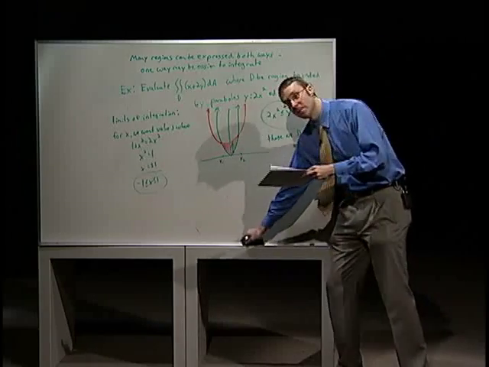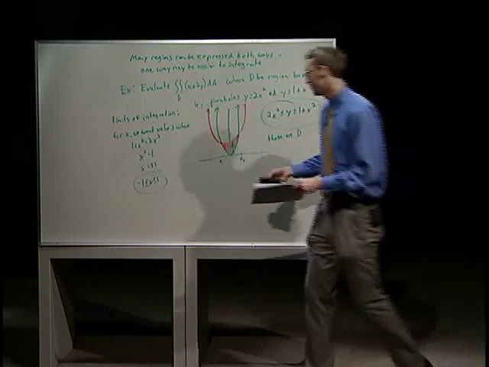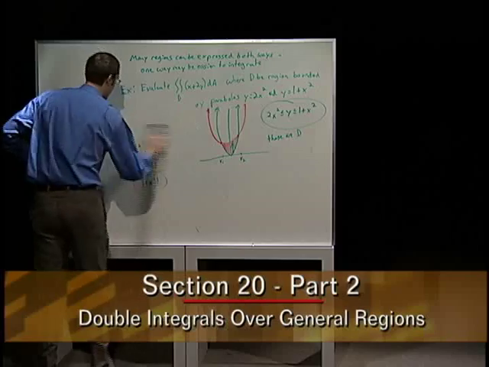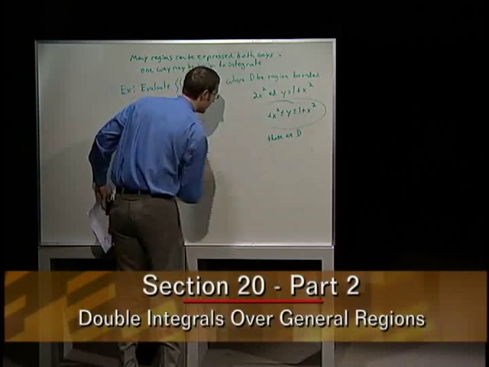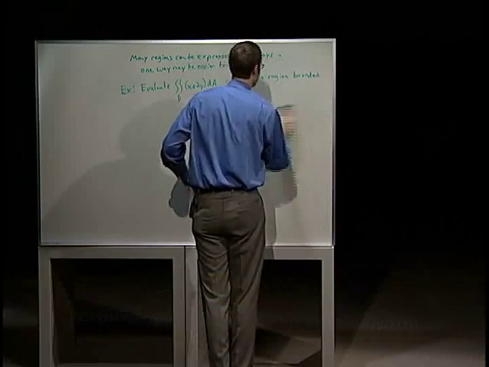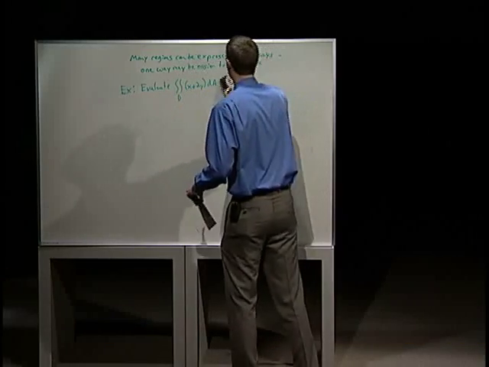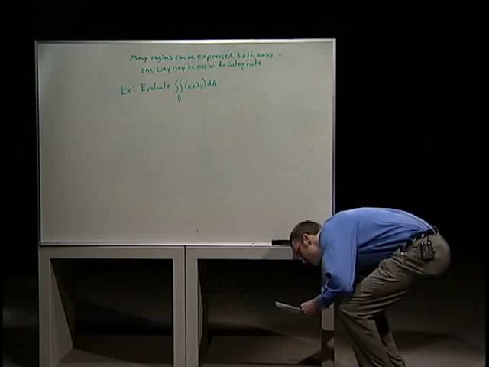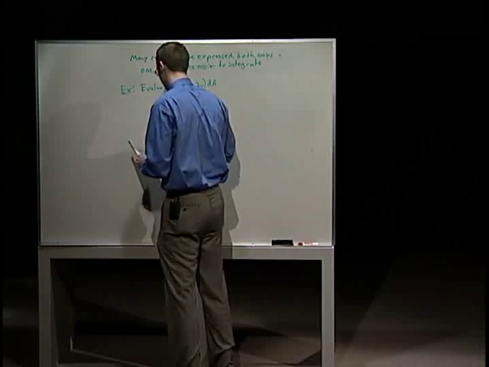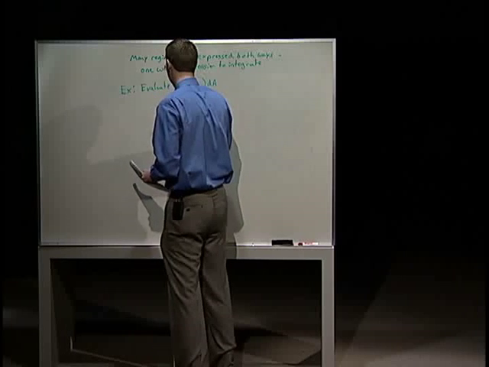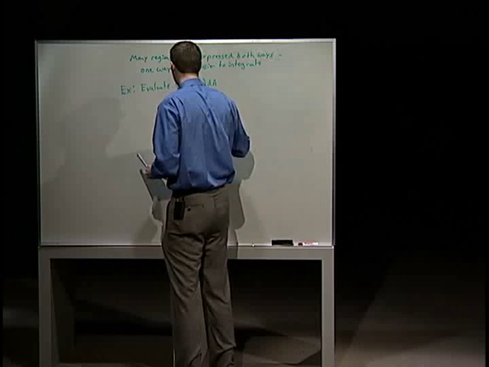So let me erase the picture up here, and we'll do the computation. So we have our region D, and so we have this double integral over the region D of x plus 2y dA.